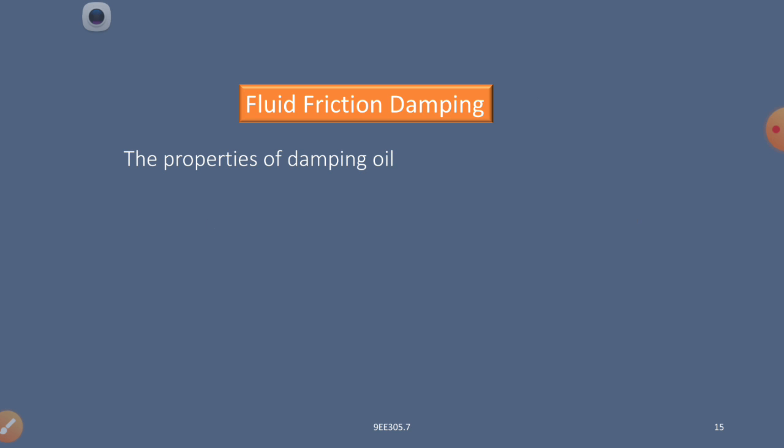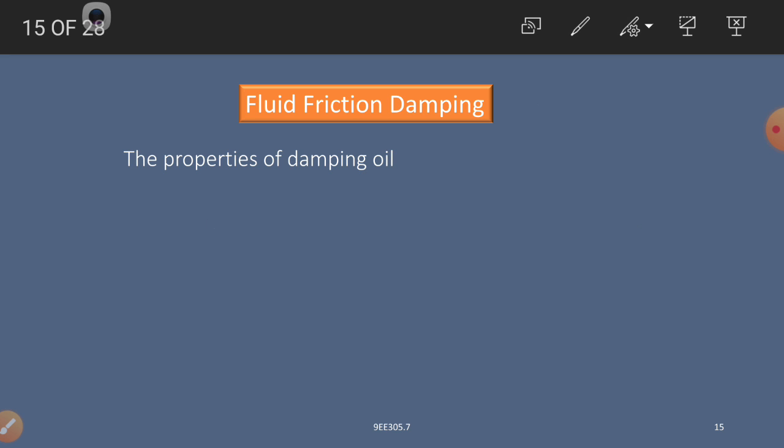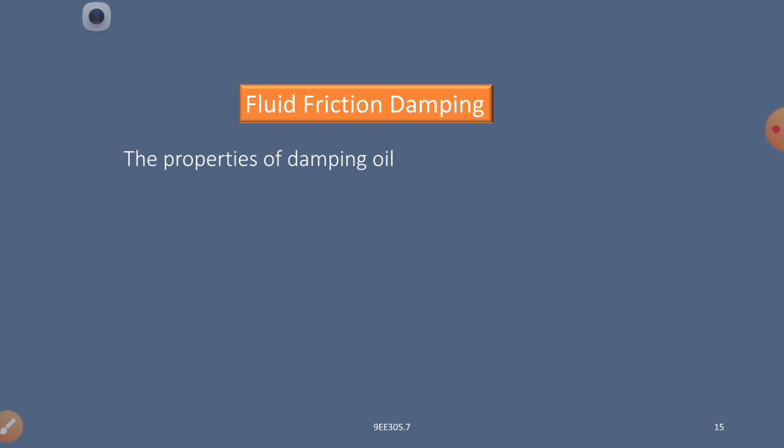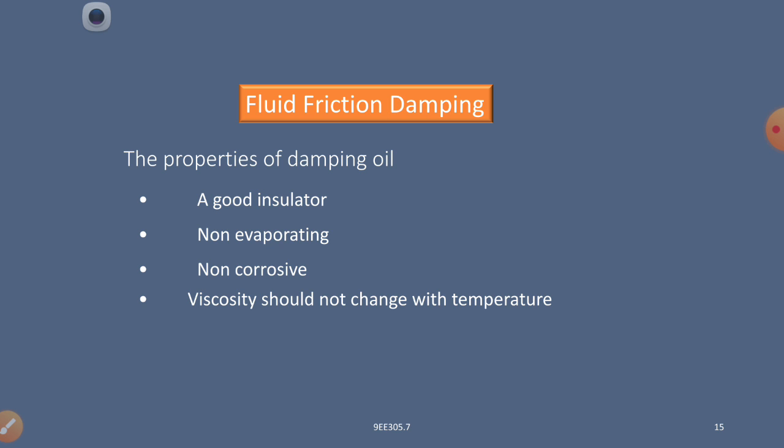Now the properties of the fluid friction damping, which type of oil you are going to use inside. It should be a good insulating oil, non-evaporating, and non-corrosive. These properties are required at the same time, and importantly, the viscosity should not change with temperature. If viscosity changes with temperature, the opposing force changes automatically.